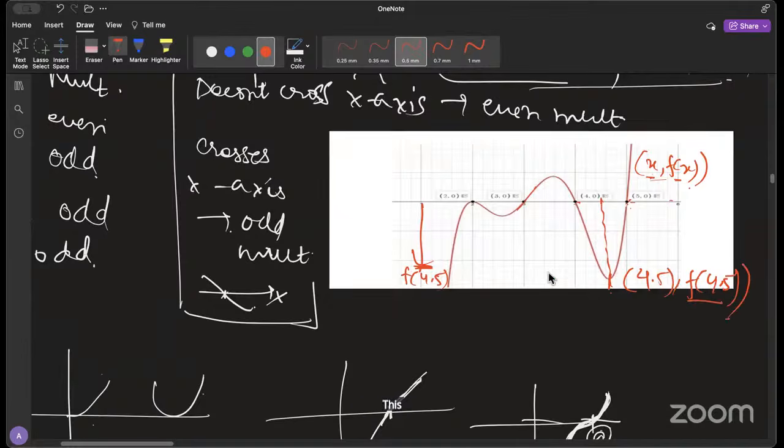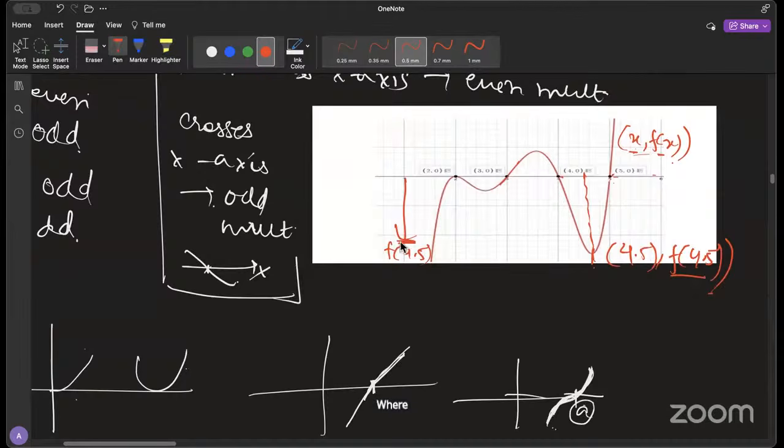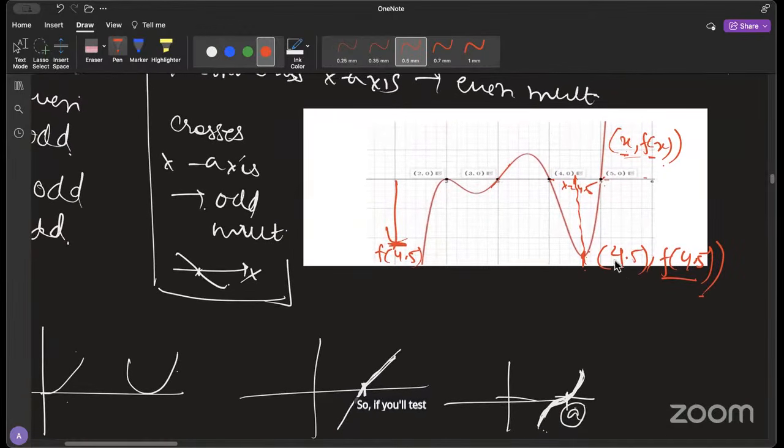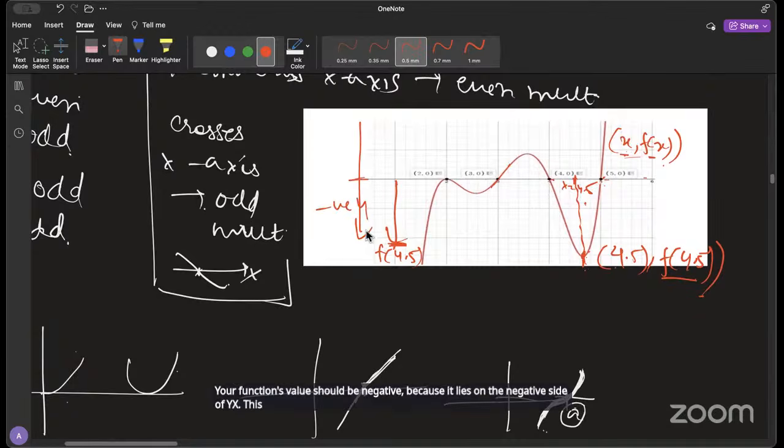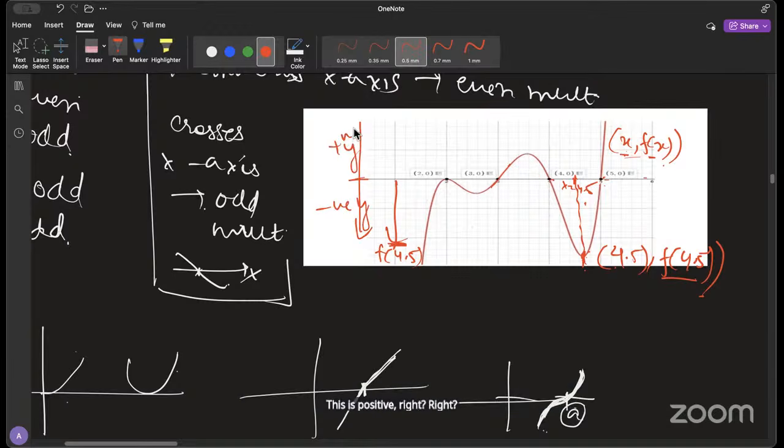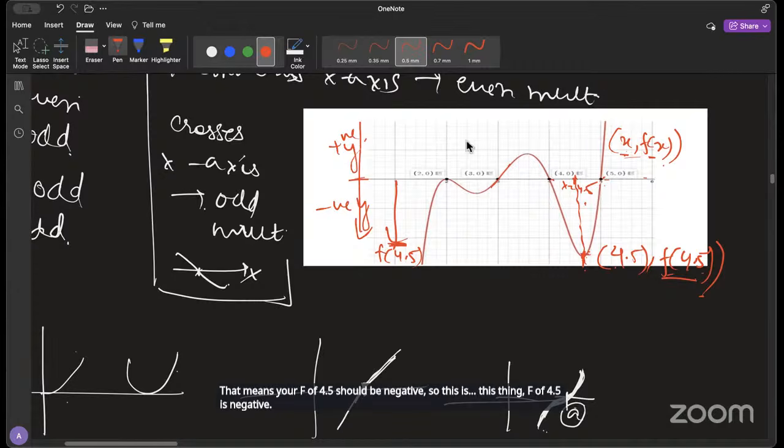The y coordinate of this point, and 4.5 is the x coordinate here. So at x equals 4.5, your function's value should be negative because it lies on the negative side of the y-axis. This is negative y, this is positive y, right? That means your f of 4.5 should be negative as per this graph.